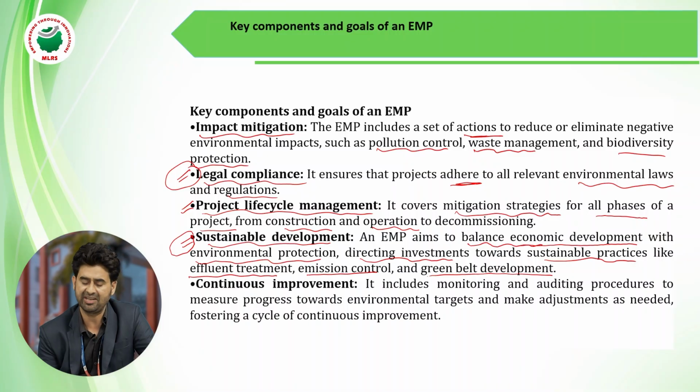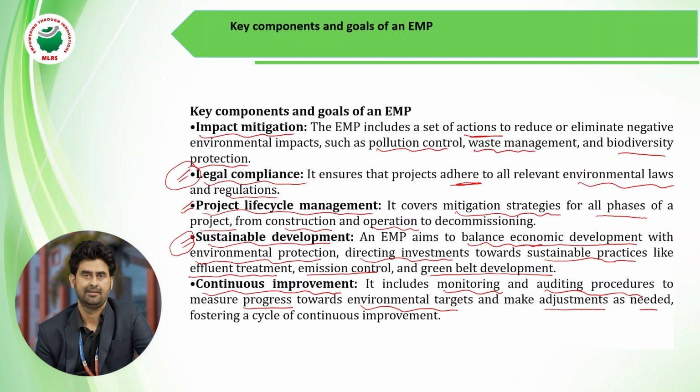Then one more component is continuous improvement. Continuous improvement includes monitoring and auditing procedures to measure progress towards environmental targets and make adjustments as needed, in order to foster a cycle of continuous improvement.